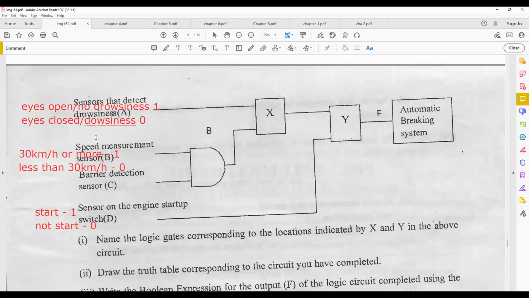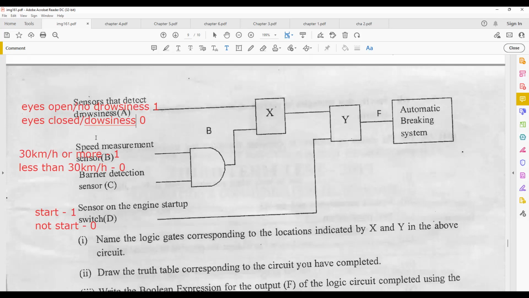Right. Now, don't you think X and Y both should be ANDed together? Any other gate will not work. Yes. So one thing, I think the place where you missed is the drowsiness thing.